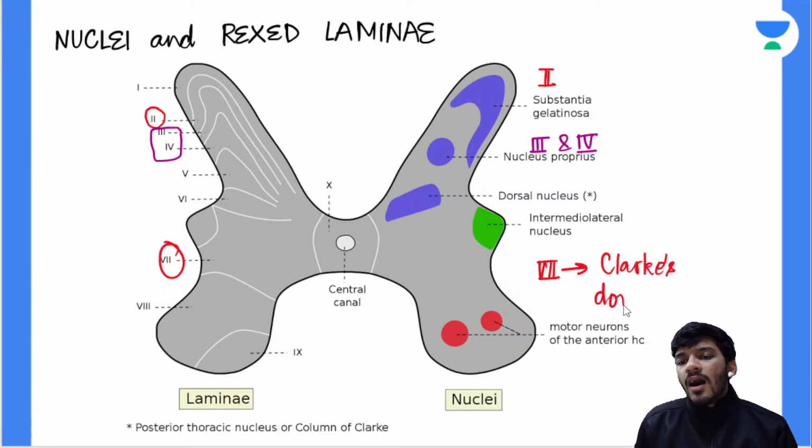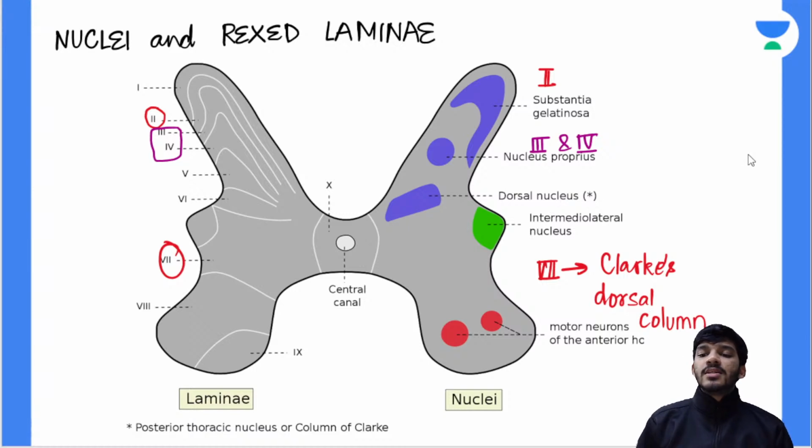Please write it down. It has been mentioned here as the dorsal nucleus. It is also called the posterior thoracic nucleus or the column of Clarke. So it is also important for you to remember. Apart from that, it's okay if you remember something, it's okay if you don't remember something.